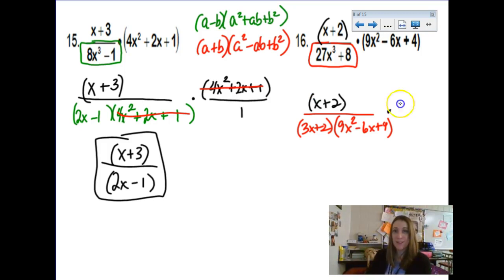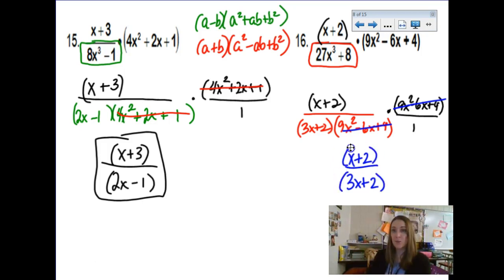And then off to the side, what do you know, there was a 9x squared minus 6x plus 4. So very deja vu-y of us, wasn't it? These guys are going to cancel. Gone. So all we're left with is x plus 2 over 3x plus 2. Again, nothing cancels because this is a term and this is a term, and twins are not there, so nothing cancels.